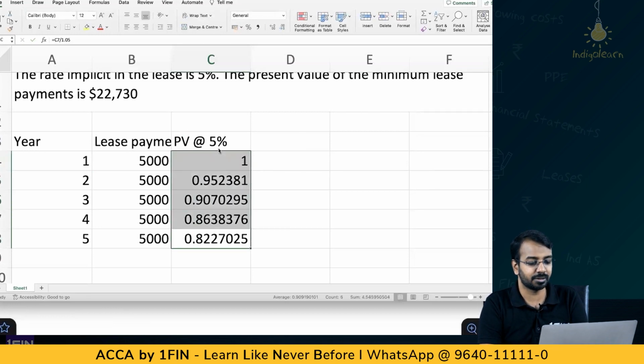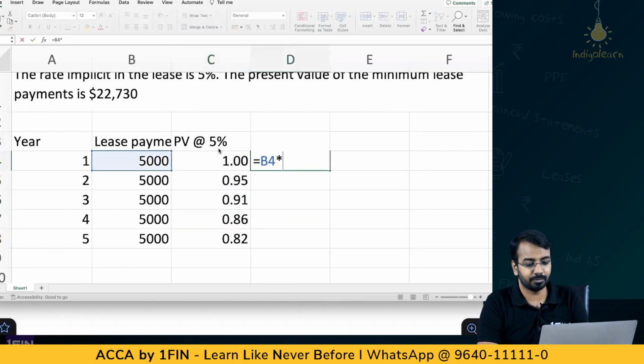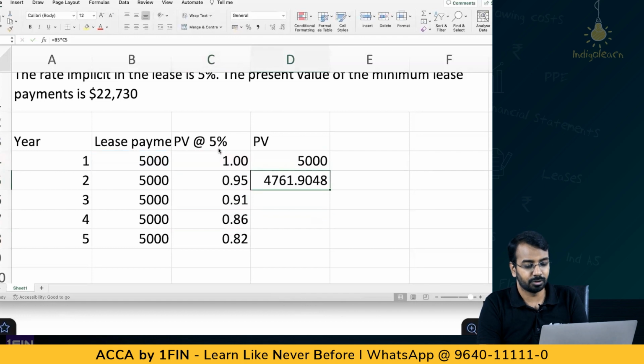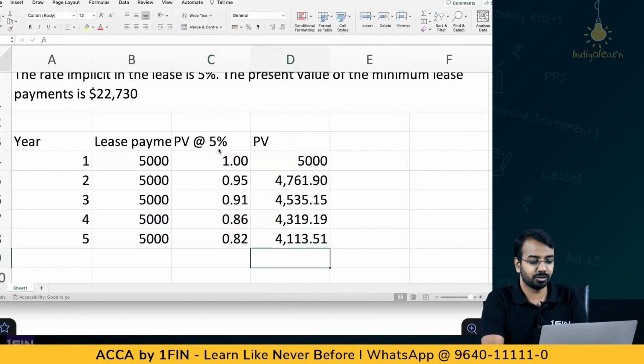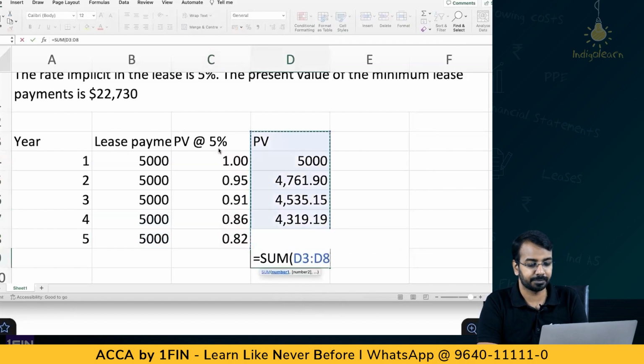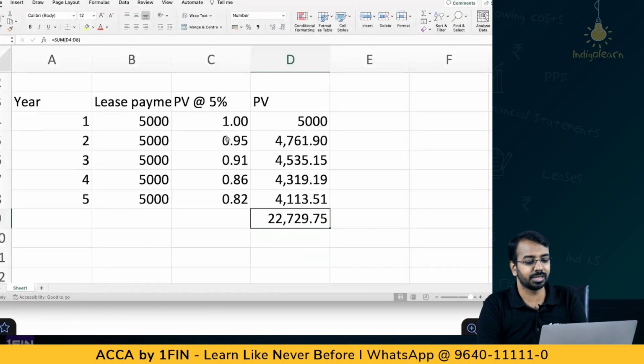So these are the payments. And present value, if you do 5,000 multiplied by 1, you get 5,000, 4,761, 4,535, 4,319, and 4,113. So if you do a sum of all of this, what you get is 22,729. And that is what is given here.